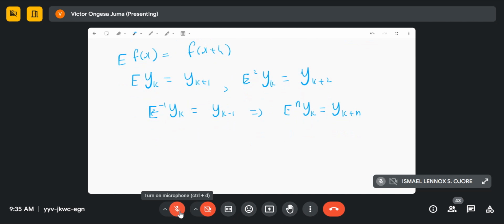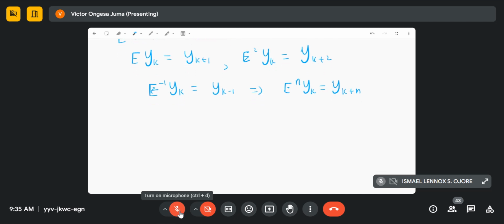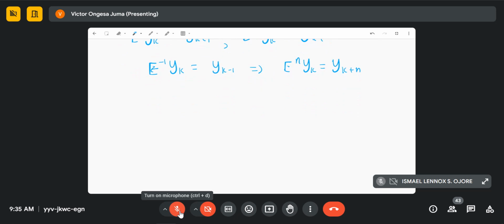And some of these operators are important, though here maybe we'll only look at the forward and backward mostly. And maybe to some extent we may look at the central or the averaging. So lastly, we look at the averaging operator. So the averaging operator denoted mu of f of x is just what? The average between the shifted values at a half.